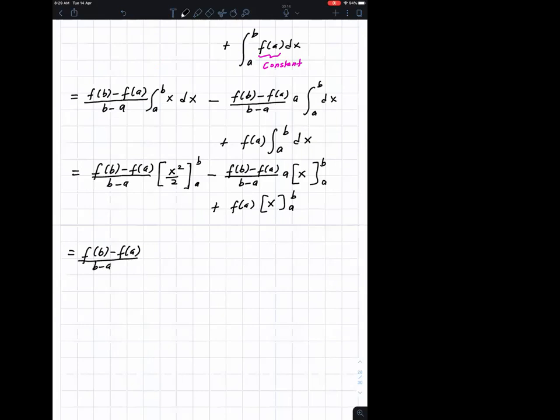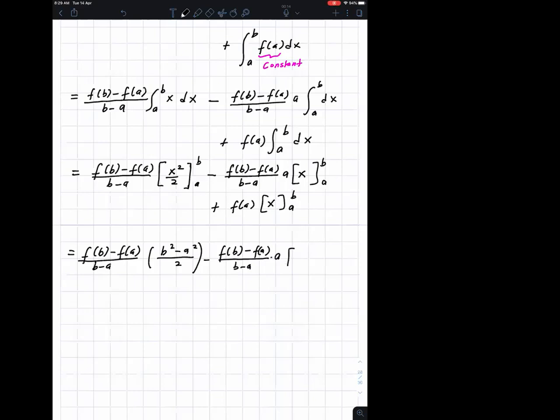Now you just go ahead and plug in those limits. Upper limit minus lower limit divided by 2. Then you have FB minus FA divided by B minus A. There's an A here, don't forget.